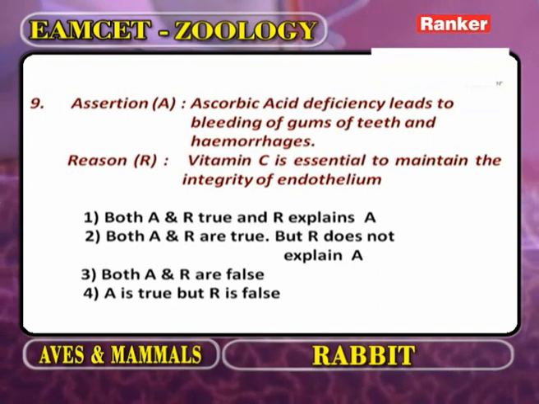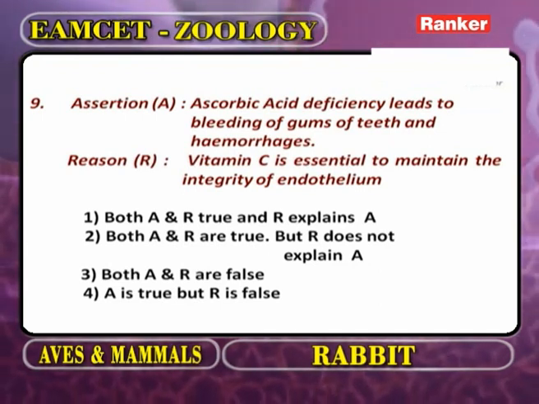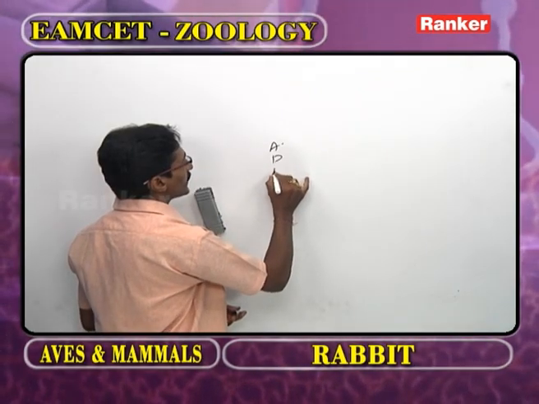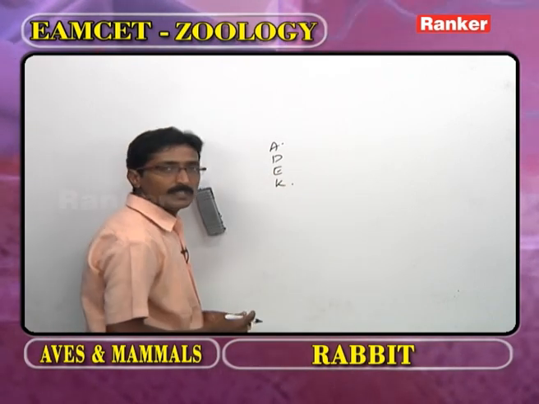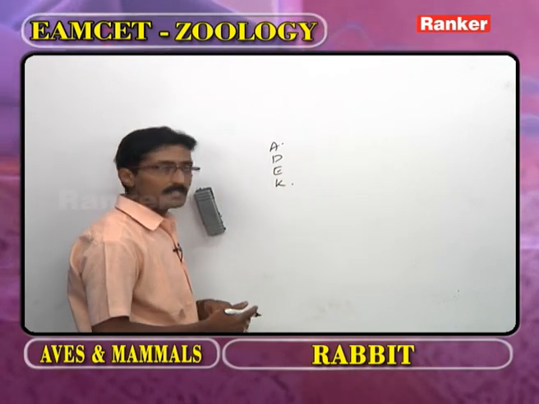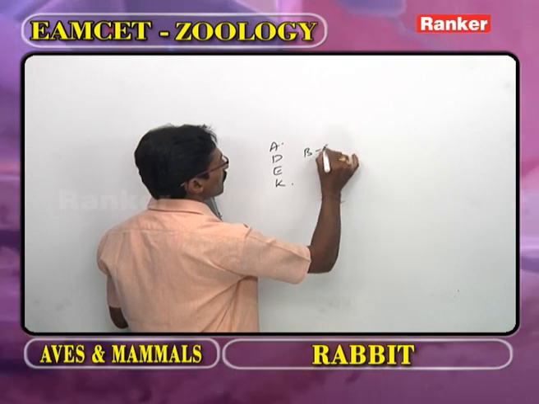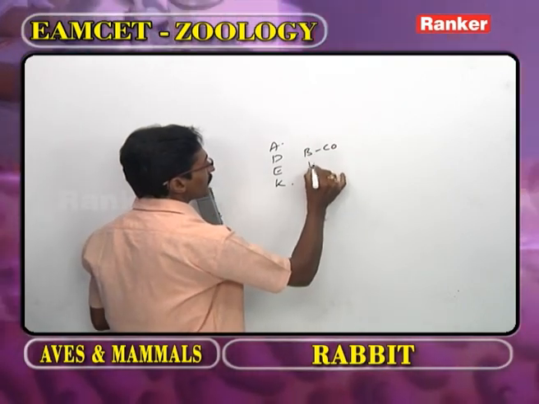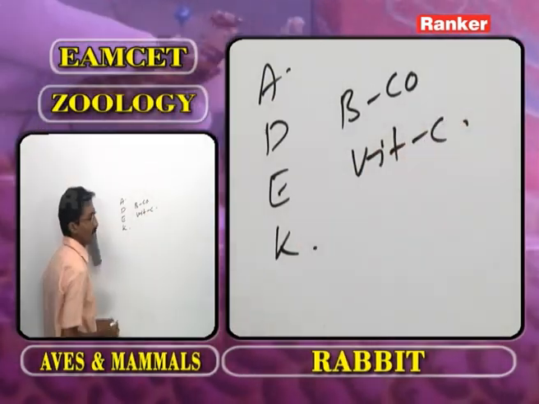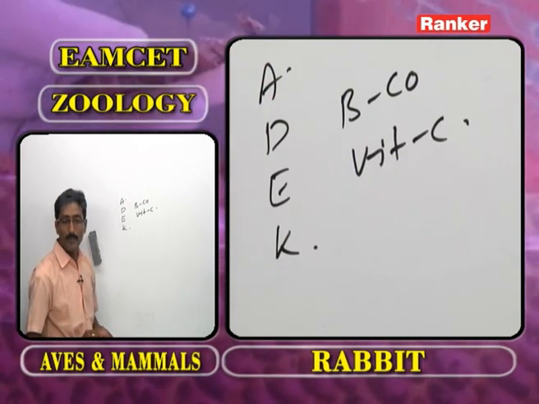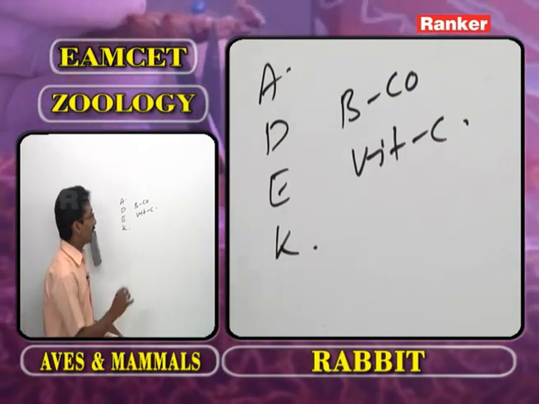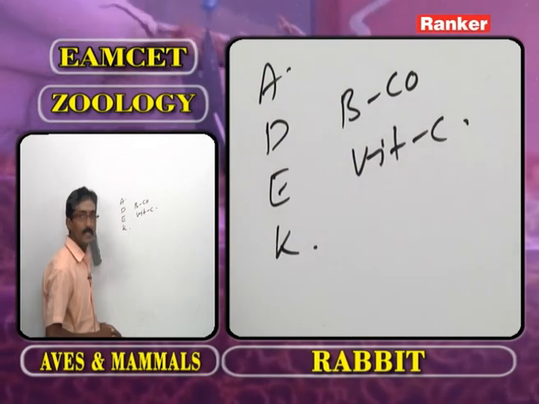One we call fat soluble vitamins. They are vitamins A, D, E, K. And the second type of vitamins are the B complex vitamins and vitamin C. Now what is meant by ascorbic acid? It is nothing but vitamin C.